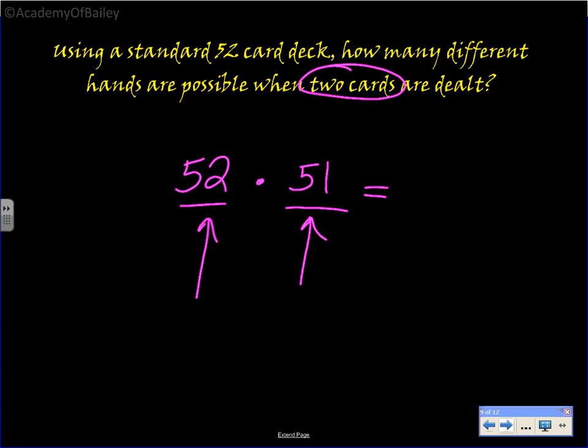So when you multiply 52 times 51, you're going to get 2,652. There are 2,652 different ways to get a two-card hand when playing cards.